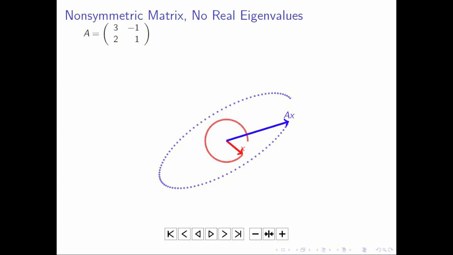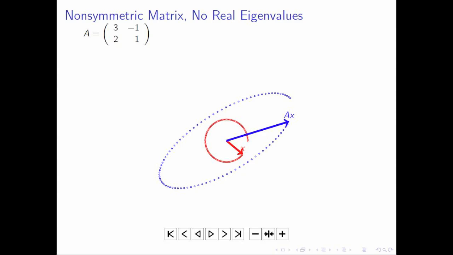Well, the fact is that there are no eigenvectors that are real valued. So in order to be able to visualize the eigenvectors for this particular matrix, we would have to visualize the complex plane. But wait a minute, if you want to look at a complex number, then you need the complex plane to visualize that.